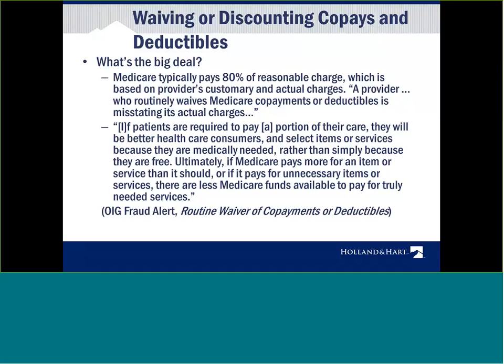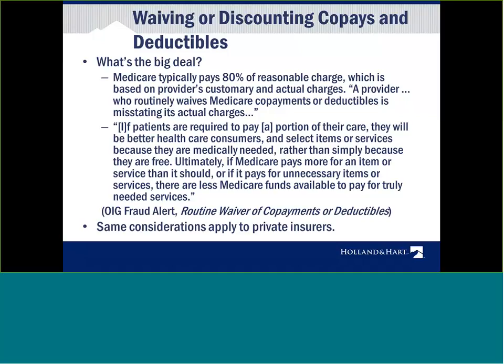And again, you'll see the reference down below, this will be one that's sent around. The OIG did a specific fraud alert on waiver of copayments and deductibles, so it's something definitely that the OIG has looked at and has considered, where the concerns are and how certain compliant relationships can continue.